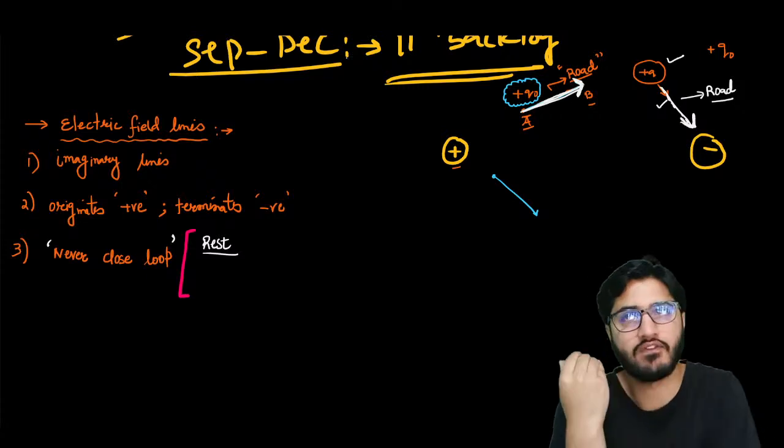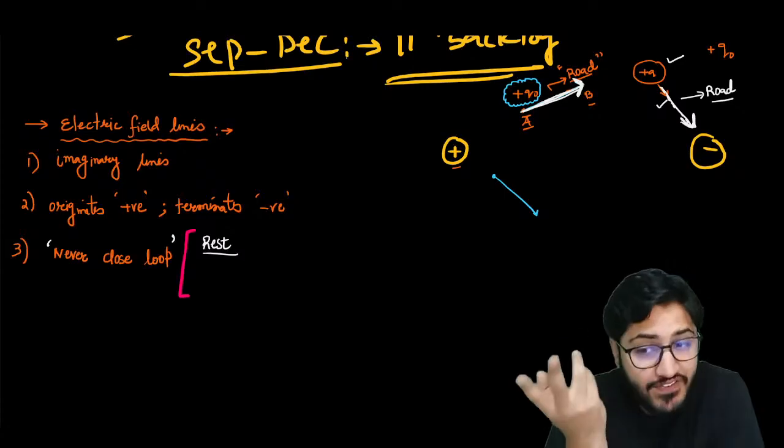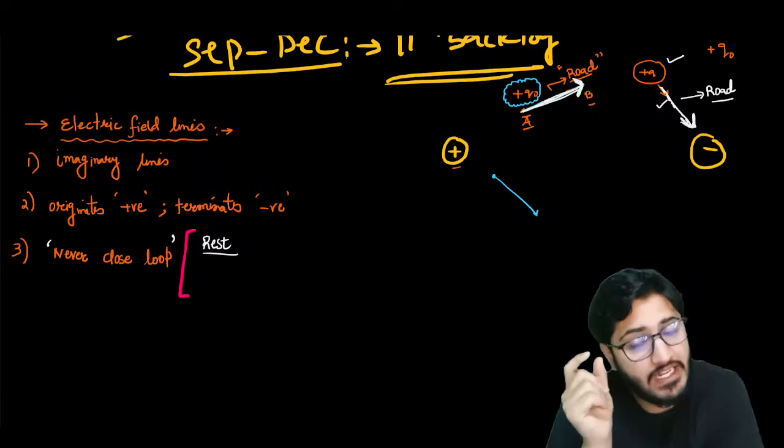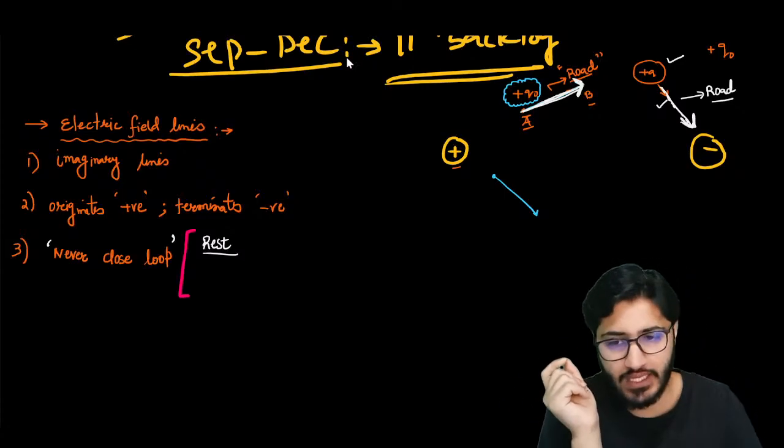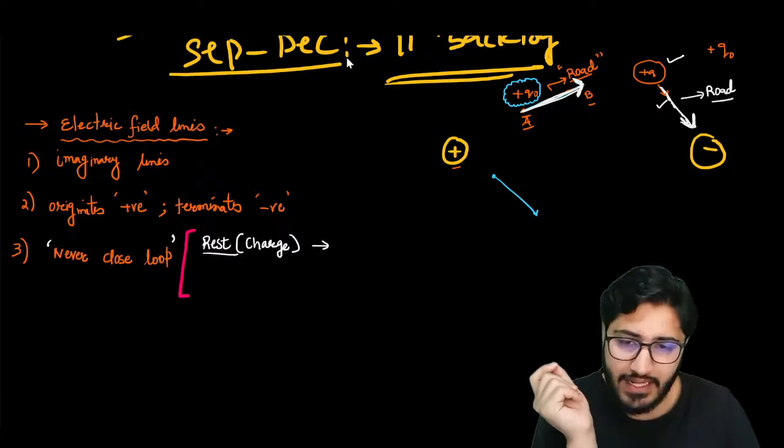We know that whenever there is a change in the magnetic field, it will create an electric field. But that electric field will be in a closed loop. So yes, if my charged particle is at rest, I can write here, never closed loop.